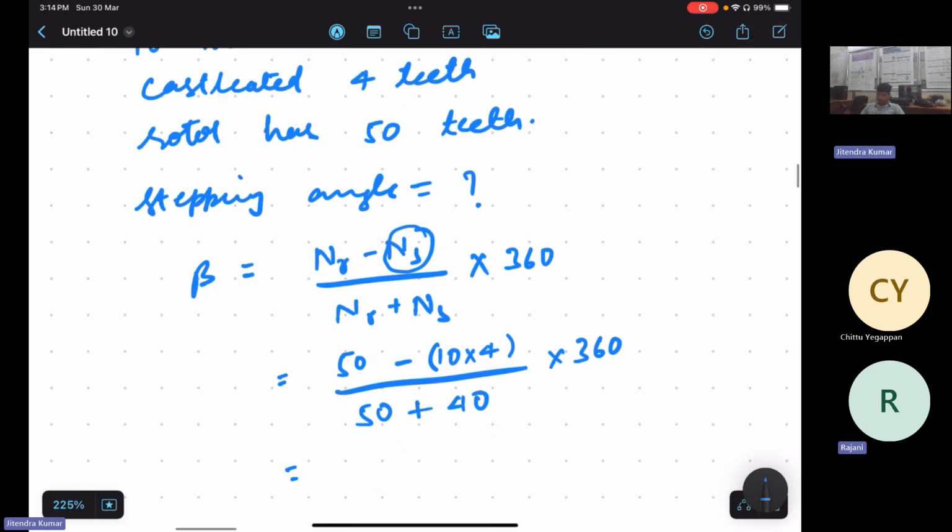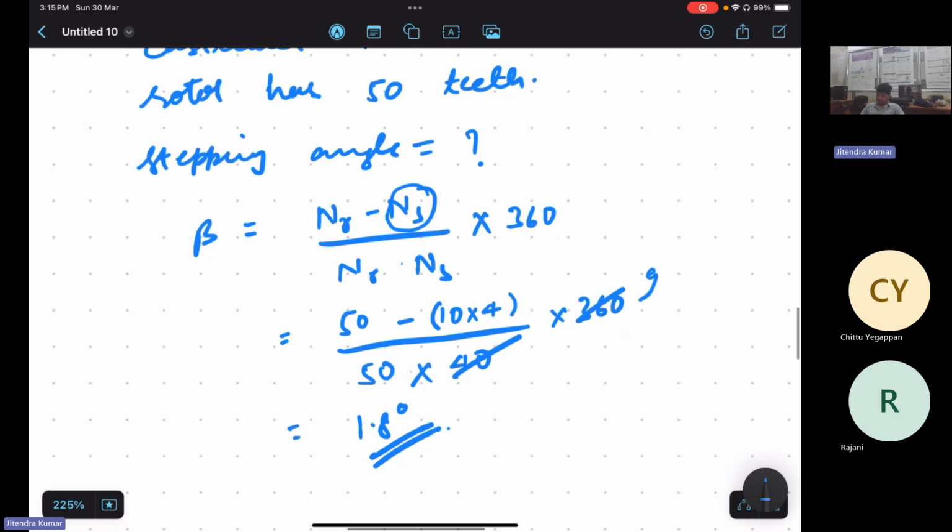Sir, 1.8 degrees, sir. Exactly, 1.8 degrees. Sir, one second, in the denominator, not minus, no? NR into NS, no? Oh, sorry. Yeah, NR into NS. So now 50 minus 40 is 10, 10 times 360 divided by 2000, so yeah, still it is coming 1.8.